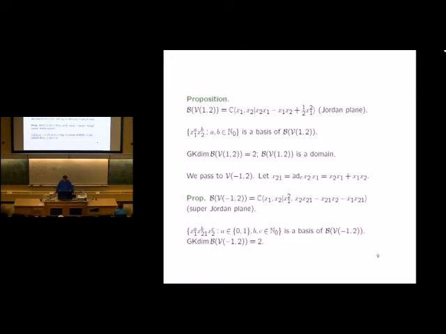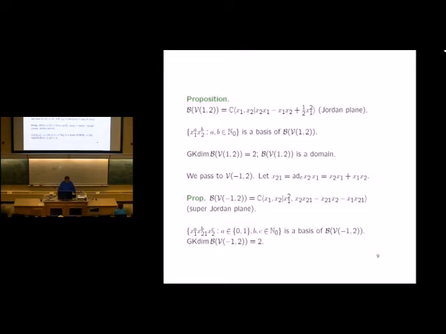If you go to the other one, V(-1,2), then we can prove that the Nichols algebra of V(-1,2) is not quadratic anymore. It has one quadratic relation, which is x1 squared, and therefore is not a domain anymore. It has nilpotent elements. And the other relation is cubic. It's x2x21 minus x21x2 minus x1x21, where x21 is this element, the symmetrizer of x1 and x2.